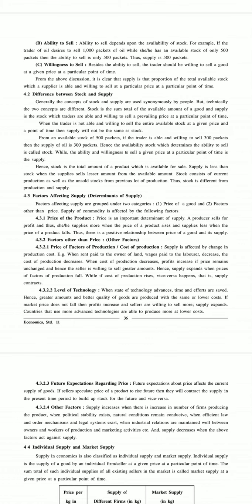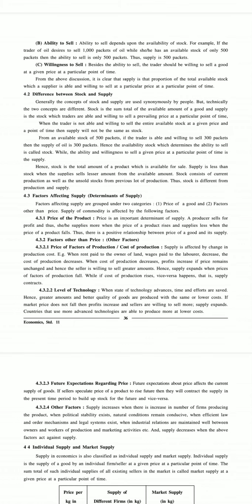Coming down to the last point in this topic, that is other factors. Apart from these three and the price, supply gets affected by other factors like political stability and natural conditions. If they are conducive, that means if they are in favor, then only can the amount of supply be increased in the market.